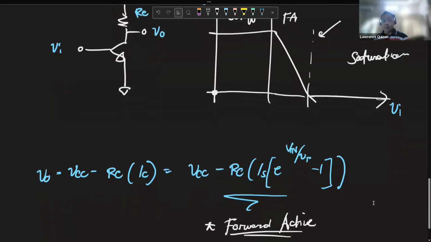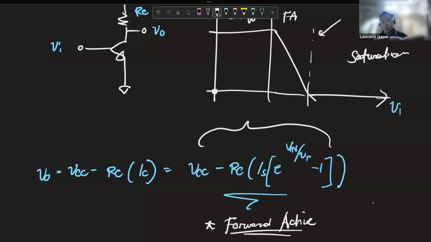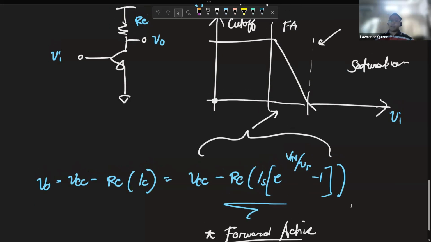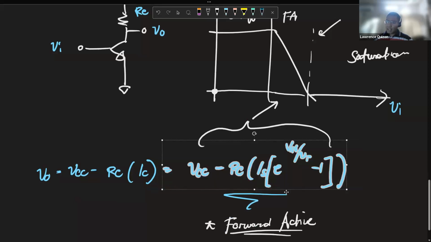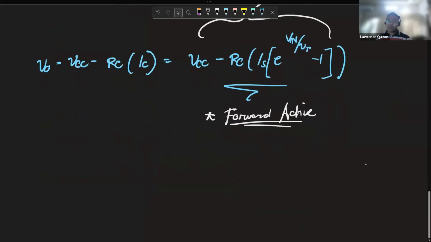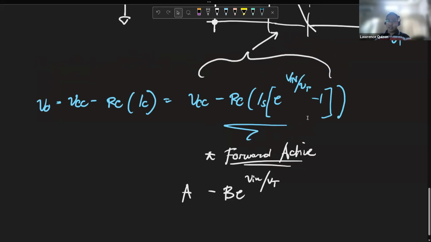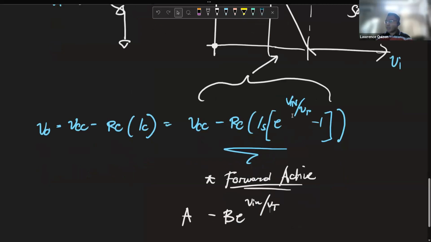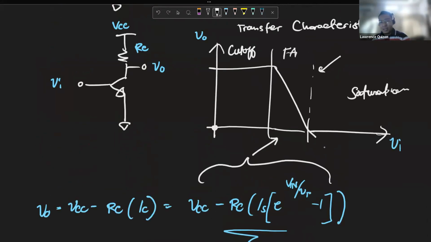So this equation turns into that thing. And this is not a line, right? It's not a line. It's exponential. It is of the form something minus something e to the V in over VT. So in essence, what actually happens here is not a straight line, but an exponential.